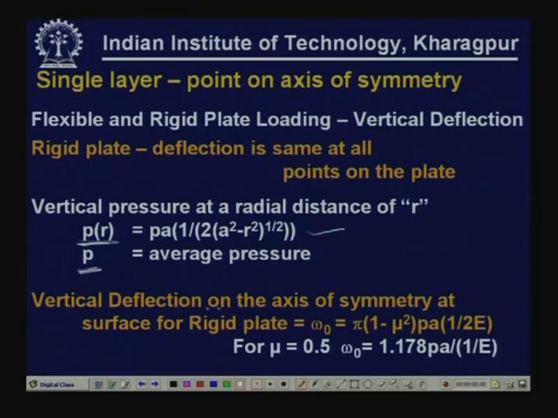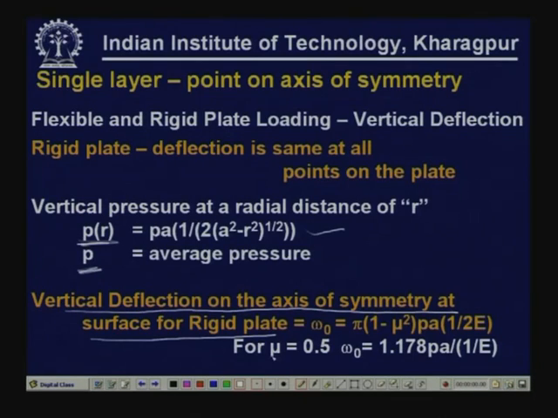So, the vertical deflection along the axis of symmetry at the surface for a rigid plate is given as pi into 1 minus mu square Pa by 2E, where E is the modulus value of the elastic half space.